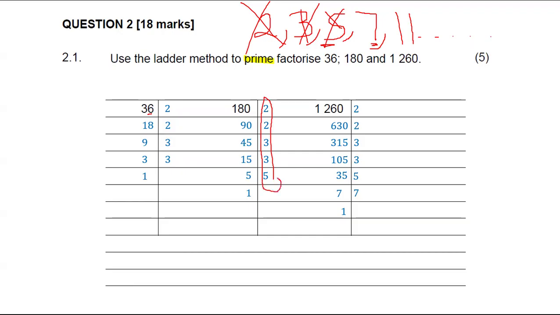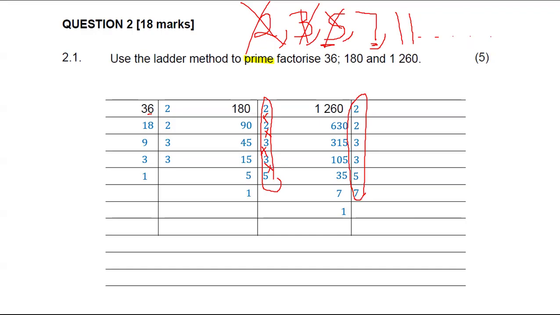So for 180, it'll be a product of all these prime factors multiplied. When you multiply a number by itself, you keep it as that number and you just add the exponents. The exponent indicates how many times that number has been multiplied by itself, okay?